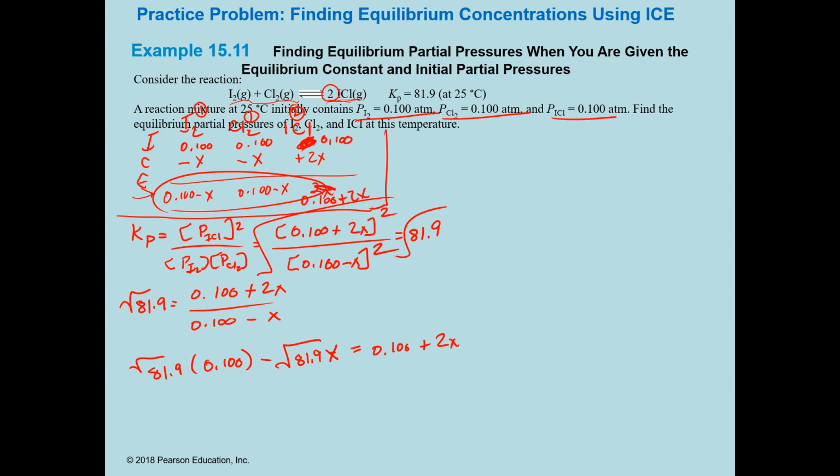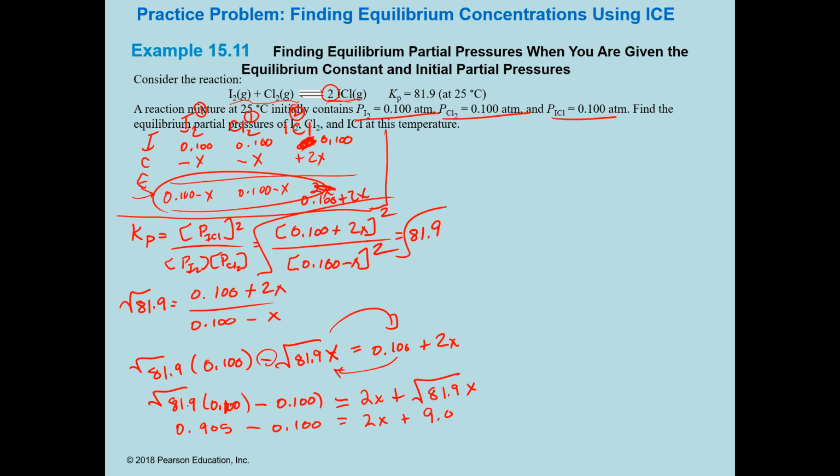So the square root of 81.9 times 0.1 minus 0.1, took that from that side, equals 2x plus, because that was a negative, so the sign changed, square root of 81.9 times x. So 0.905 minus 0.1 is equal to 2x plus 9.05x.